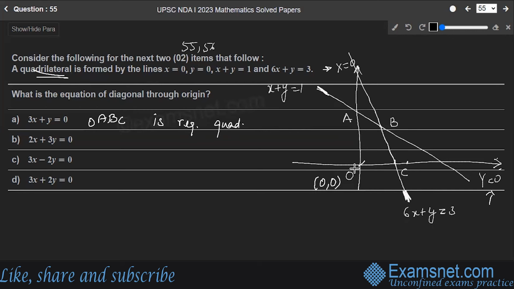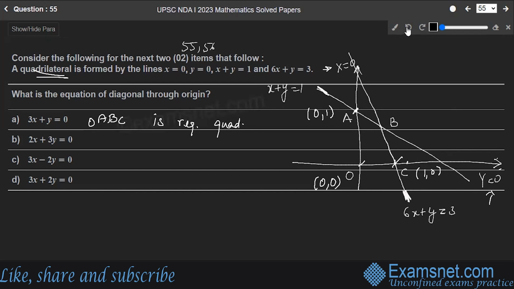Let's write down the coordinates of OABC now. O is at origin, that means the coordinates are 0, 0. This is the line x plus y is equal to 1. So if I put x is equal to 0, y is got to be 1. So the coordinates of A are 0, 1.